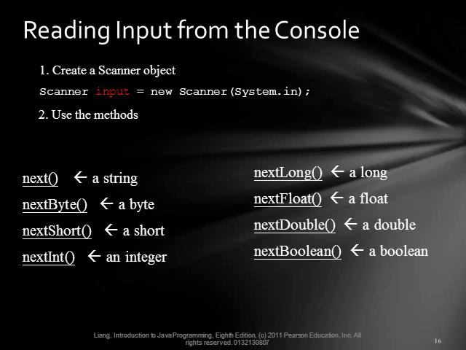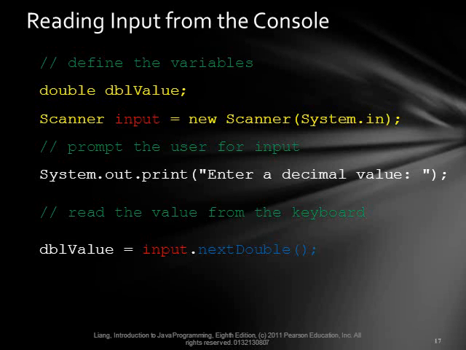So creating an object of type Scanner is very easy. Now that we have it created, we will use our variable called input. That's our object variable called input, and we will use that to read data from the keyboard.